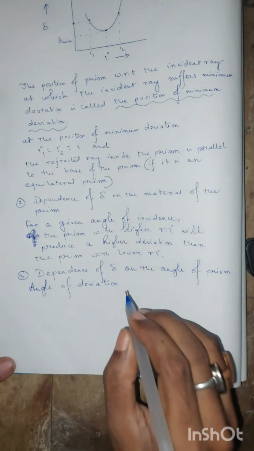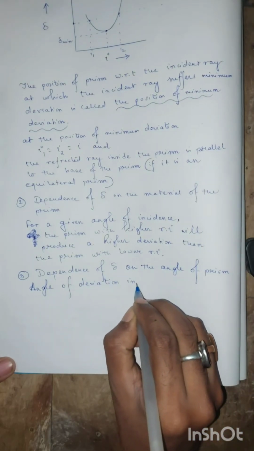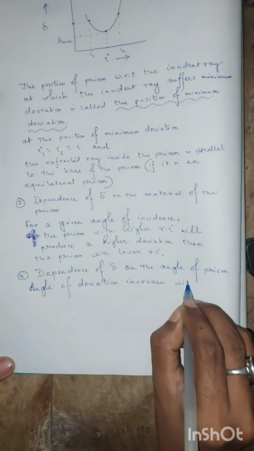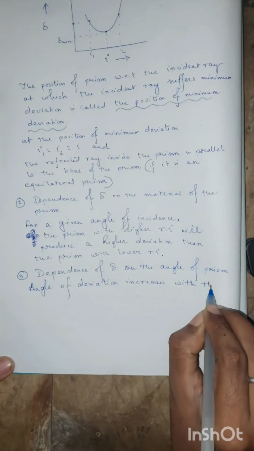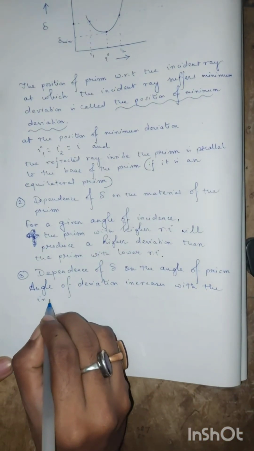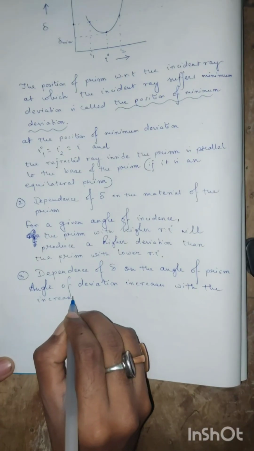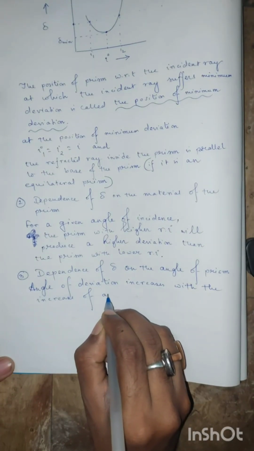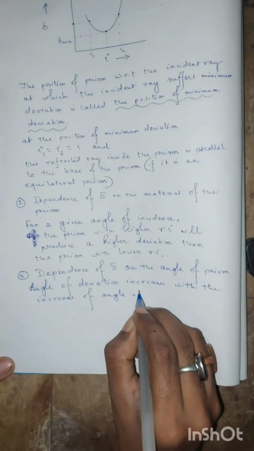Angle of deviation increases with the increase of angle of prism.